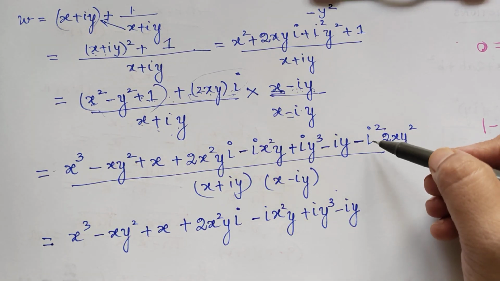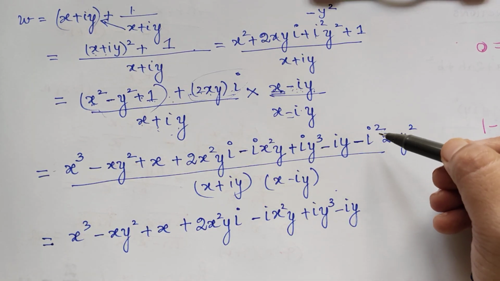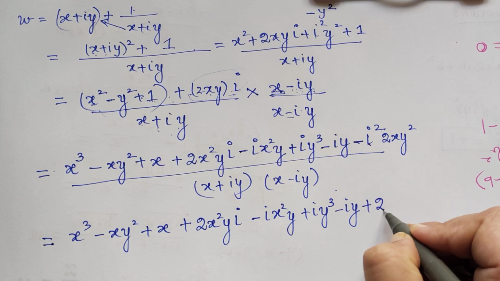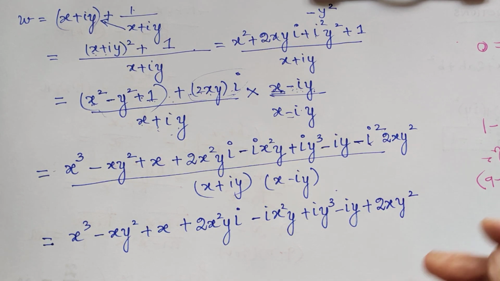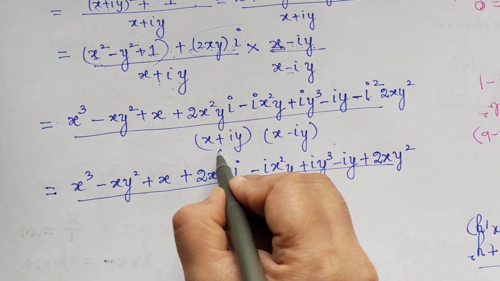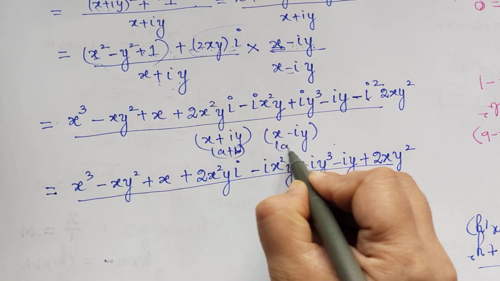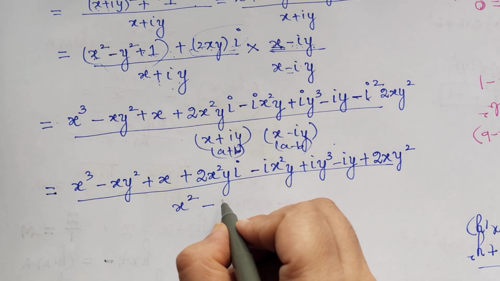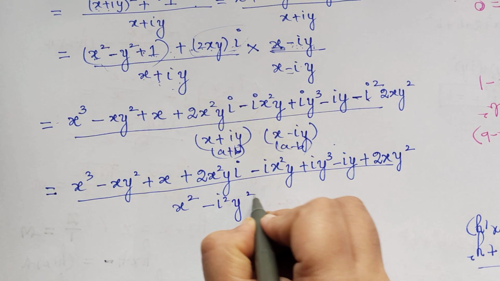The change comes here, we have i² so it is minus 1, minus into minus plus 2xy², and then divided by this term, which is like (a + b)(a − b), so it will be x² minus i²y².